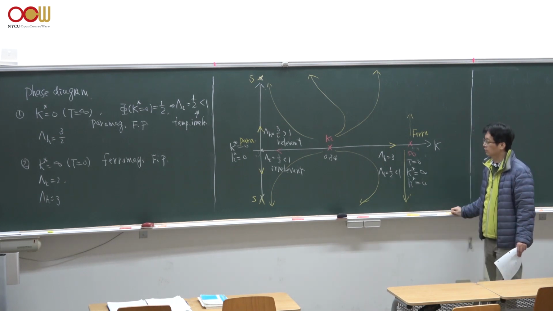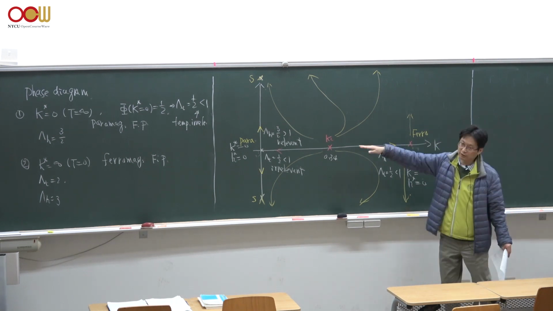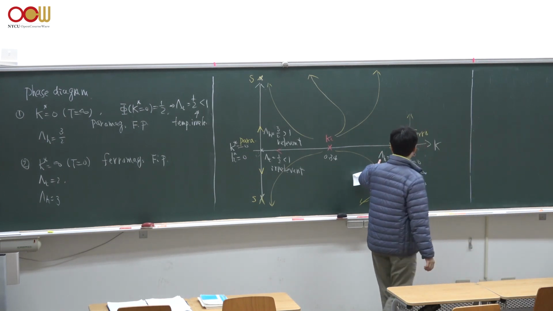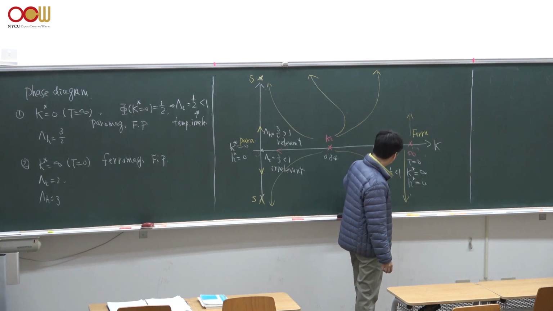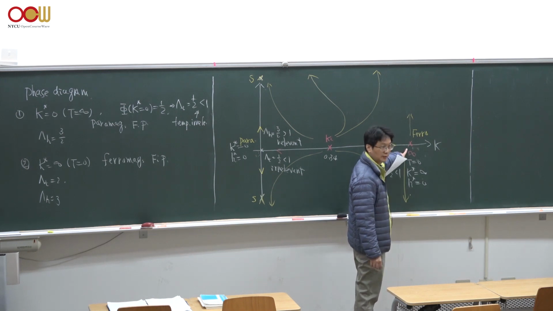So these 2 fixed points are stable fixed points along the interaction coupling constant direction K, in the sense that the scale factor, or the eigenvalue along the temperature direction lambda t, is less than 1, a half here for the ferromagnetic fixed point.